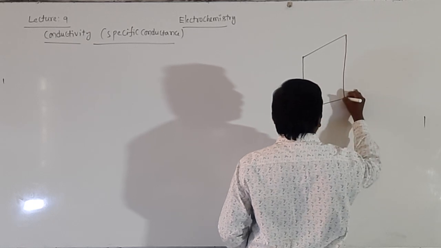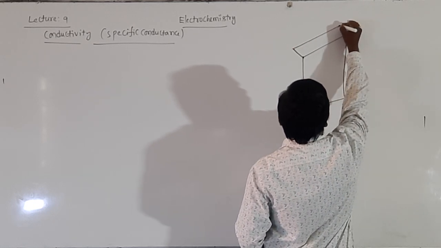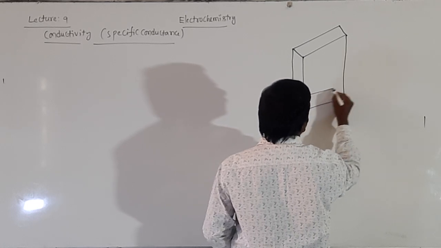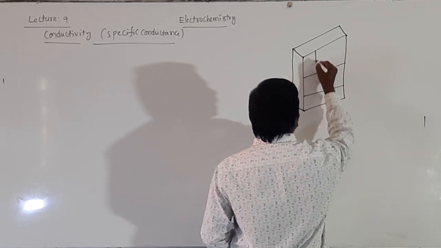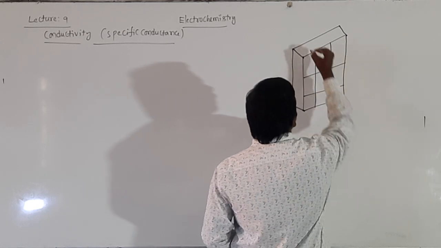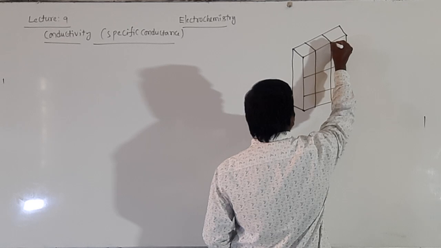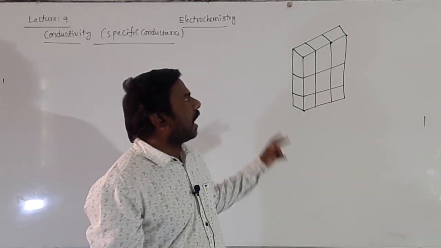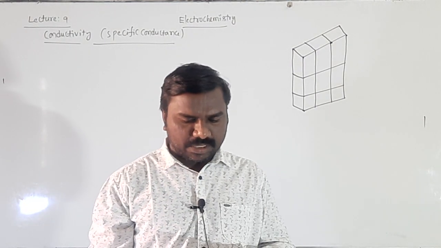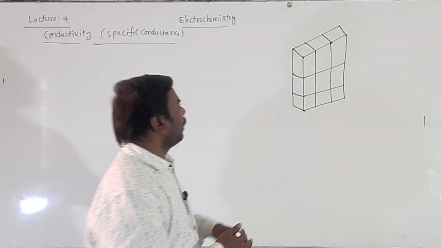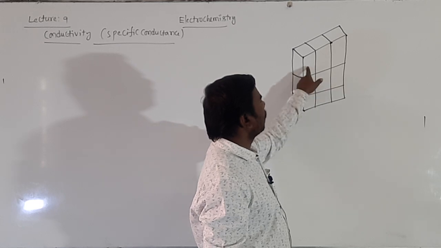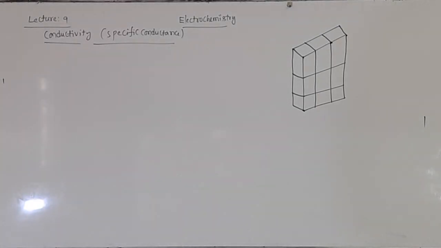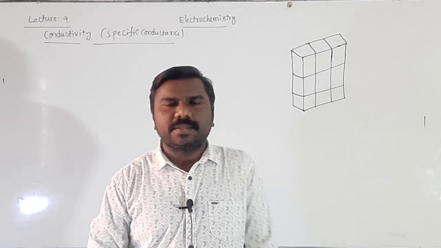In this there are totally 9 units: 1, 2, 3, 4, 5, 6, 7, 8, 9 units. So it contains totally 9 units.